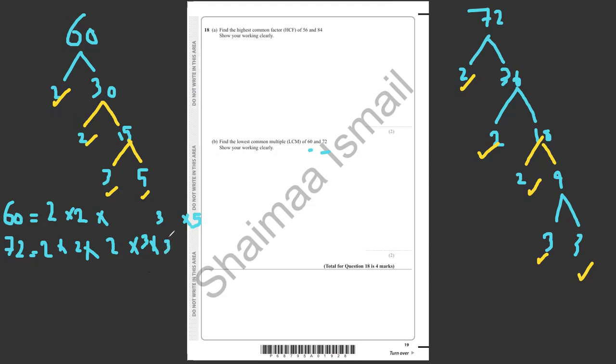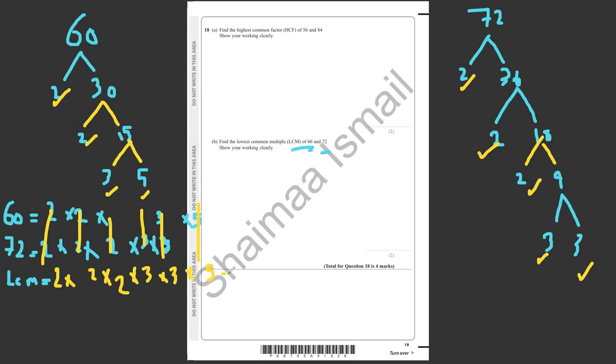Okay. So when we need the LCM, we collect all the numbers, the common and the uncommon. So it's time now to collect 2, multiply by 2, multiply by another 2, three 2's, then by 3, by 3, and by 5.